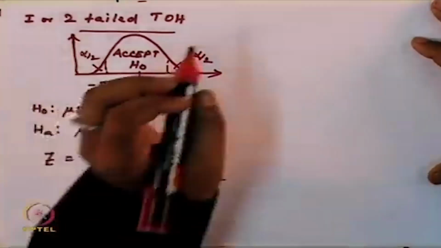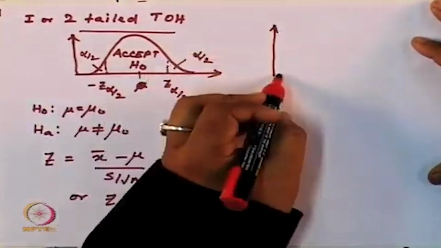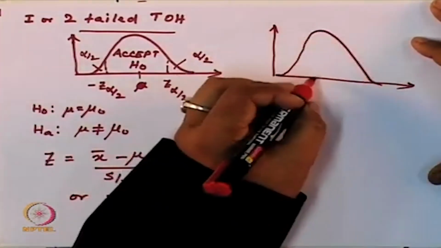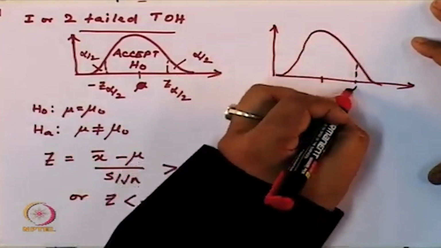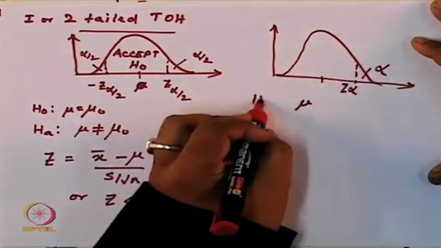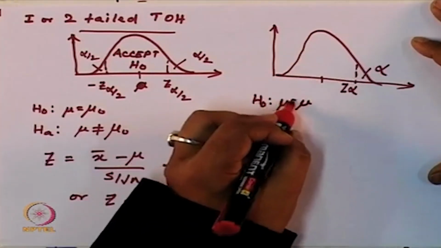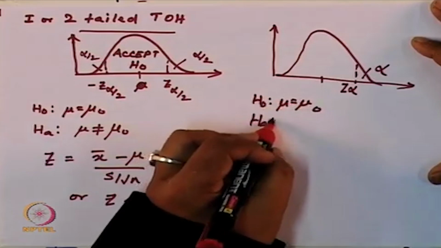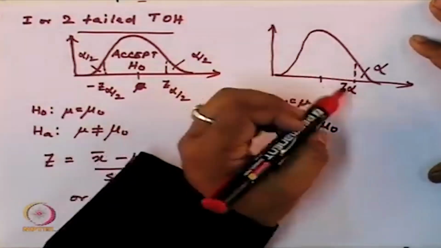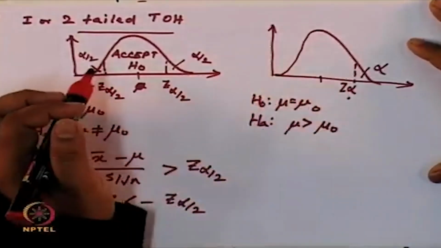And for a single-tailed test of hypothesis, you are interested in knowing whether your mu is greater. So, your H naught is mu equal to mu naught, and the alternative hypothesis is mu is greater than mu naught. So, you want to know whether this value is greater than the confidence limit.